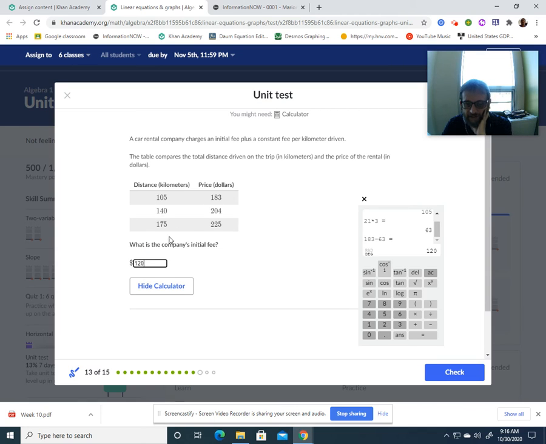So when my distance was 0, because I'm changing by 35, from 105 I do it once, that gets me to 70, then 70 gets down to 35, and then 35 down to 0. So that's 3 steps, gets me to no distance. This, I'm going to go minus 21, which is 162, minus another 21, which is 141, minus another 21, which is 120.